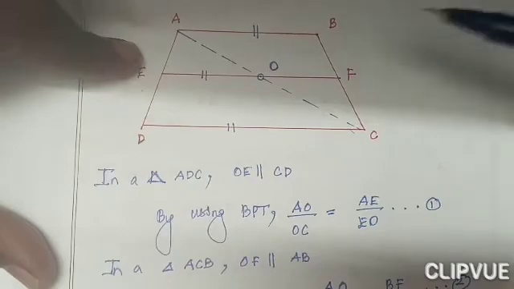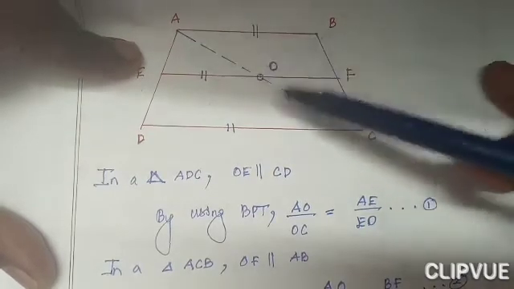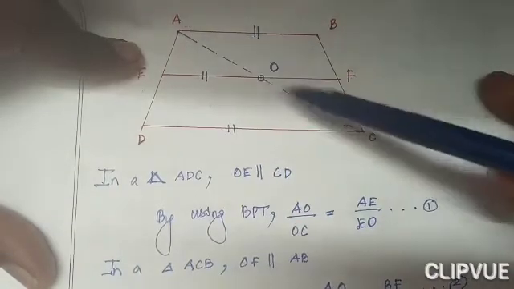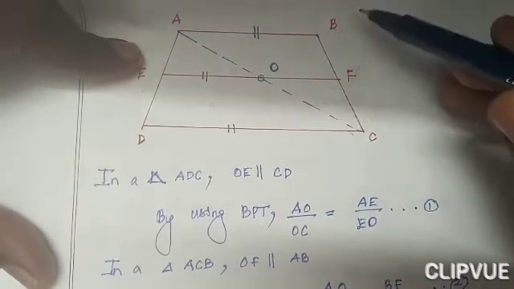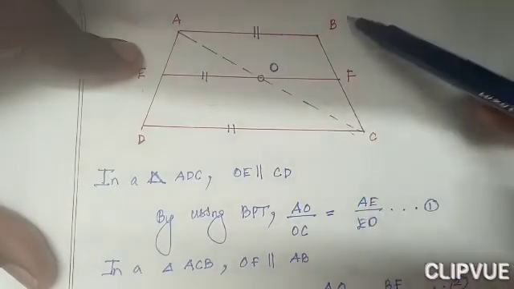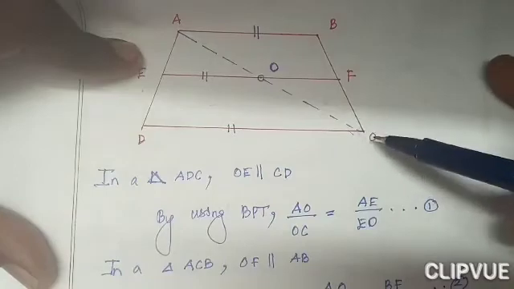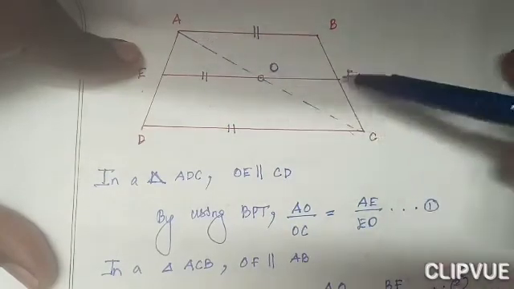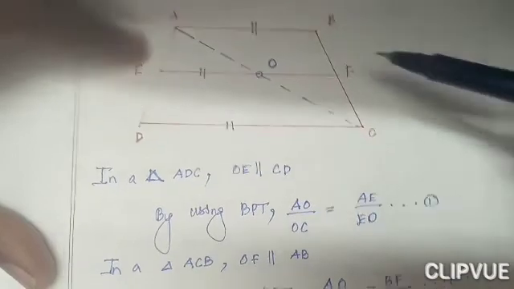So avoiding that, we can directly take AO by OC equal to BF by FC. It is right. If you take AO by OC equal to CF by FE, that is wrong. If you take from this vertex, you take OC by OA equal to CF by BF. I hope you understand this.